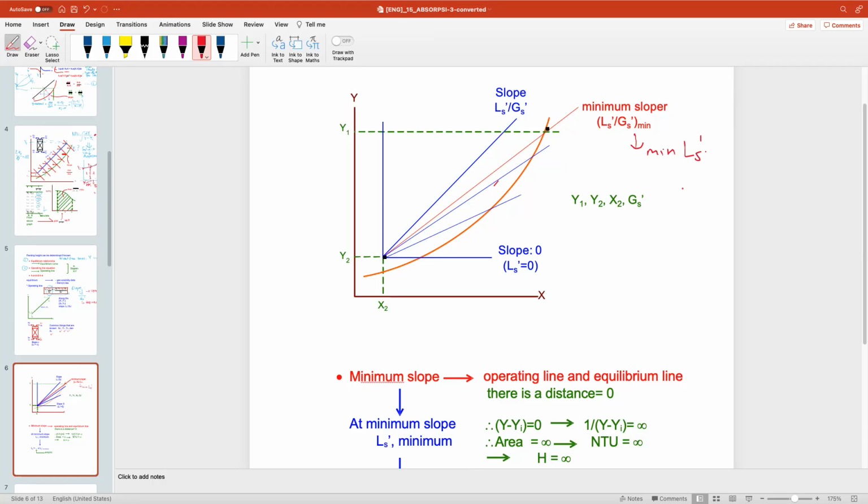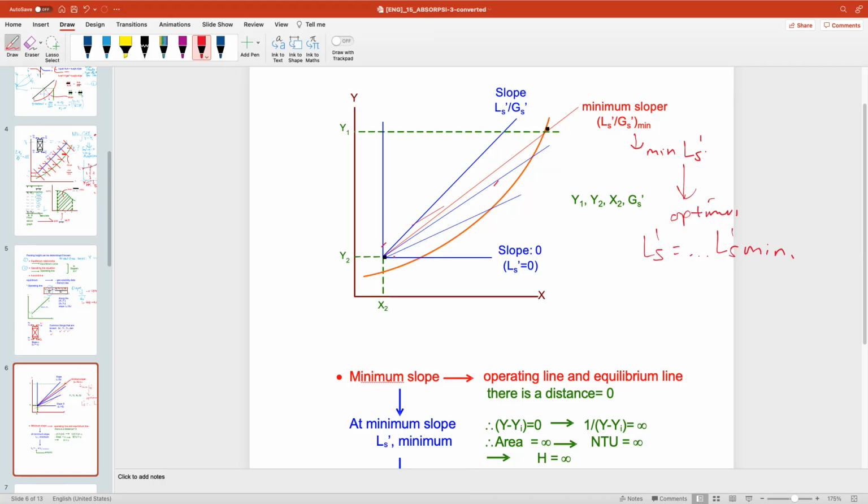Okay, and then again usually we have to find the minimum LS, and then there should be some optimum one, meaning how many times the LS minimum the LS should be.